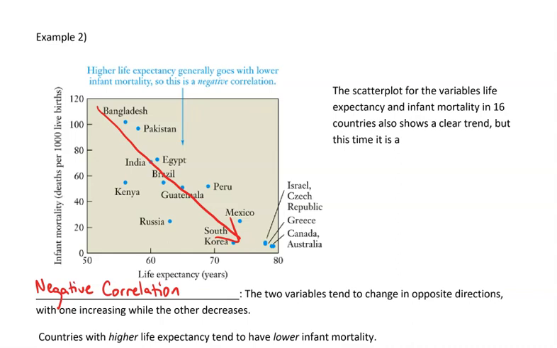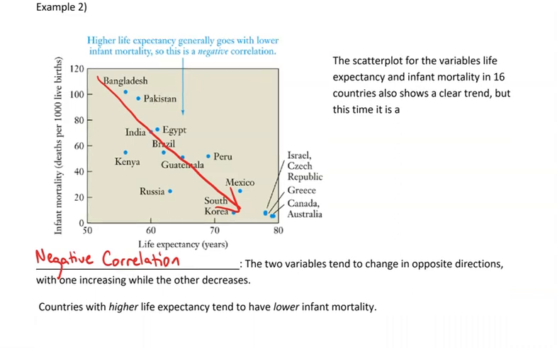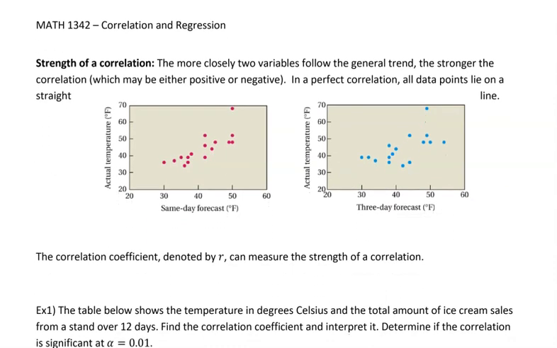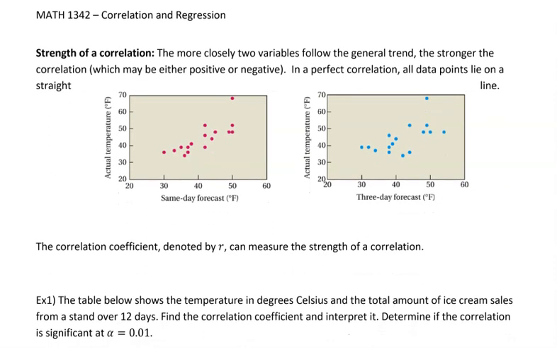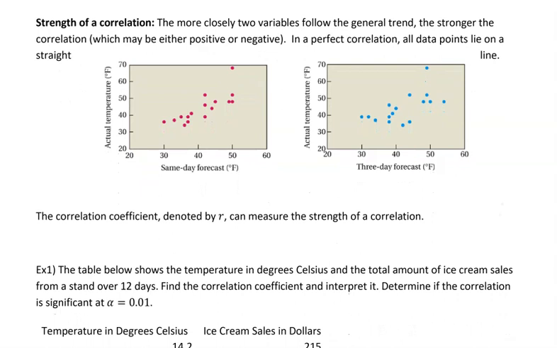All right. With that said, we're going to look at how to create this scatter plot and go into a little bit more detail on specifically how much of a correlation there is. For that, we're going to need to talk about the strength of a correlation. For these two different scatter plots, you can see a little bit of a difference.